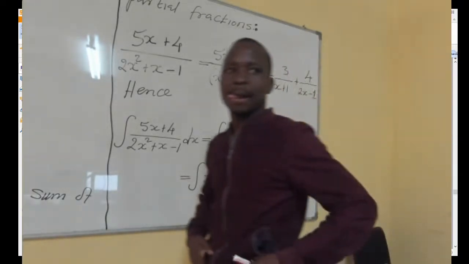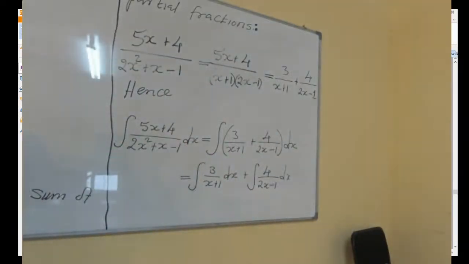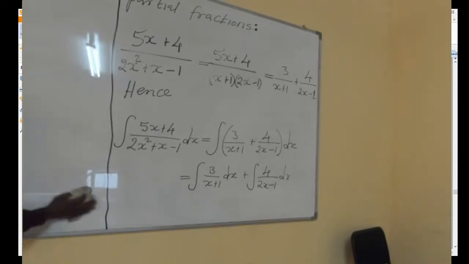Okay. Now, when you reach this stage, you can either use the substitution method or you can just go directly. That's not a big deal. But the solution is already there in your notes. I'll just explain it. I'll not write much so that we can save time. Okay.